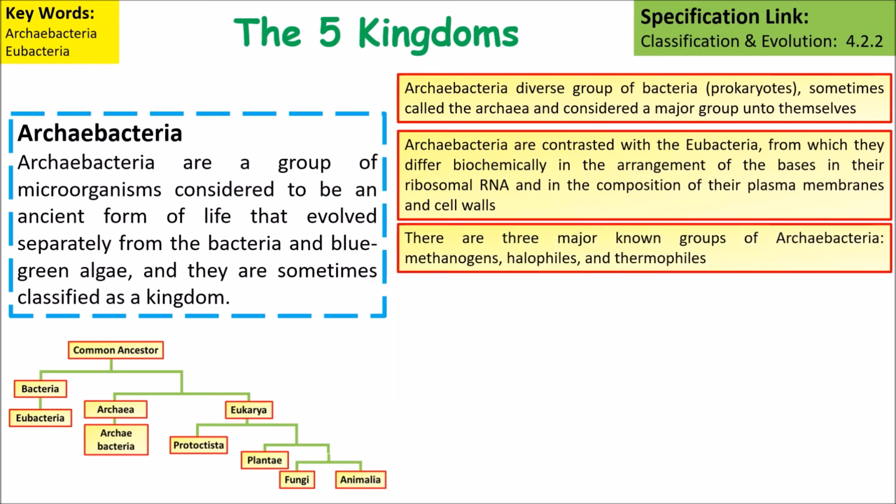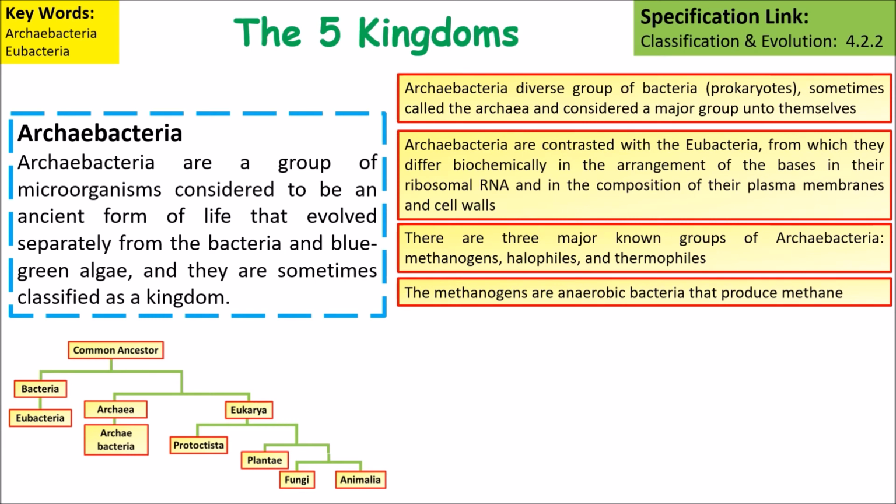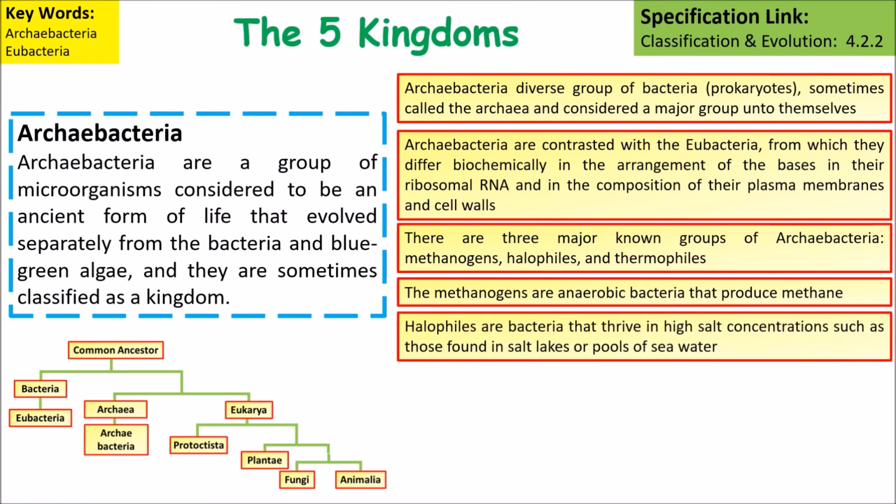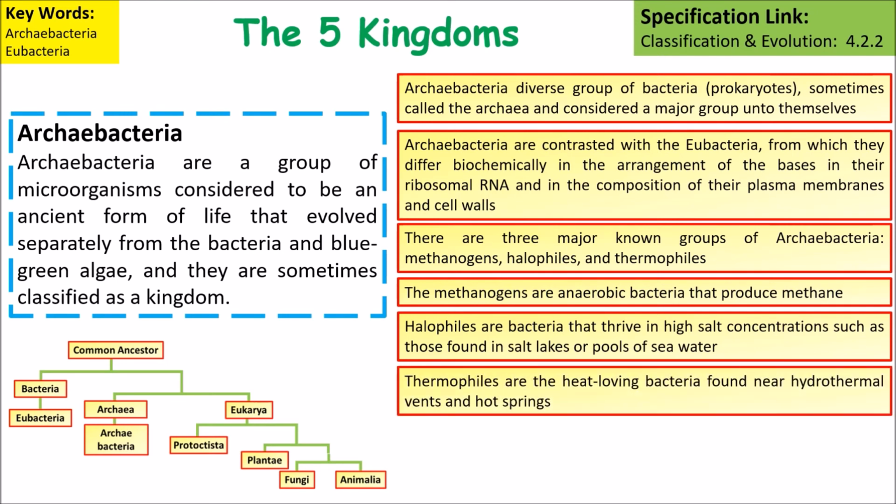There are three major known groups of archaeobacteria: the methanogens, the halophiles and the thermophiles. The methanogens are bacteria that produce methane. The halophiles are bacteria that thrive in high salt concentrations. And thermophiles are the heat-loving bacteria found near hydrothermal vents and hot springs.